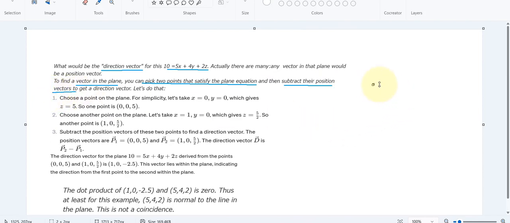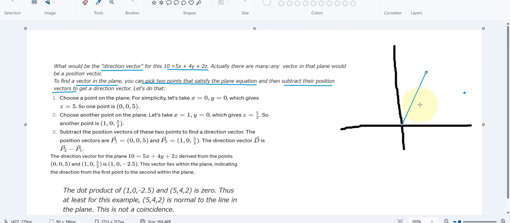We have a point here and a point here. We can construct the vectors that look like this. That's the position vector for that point, and this is the position vector for that point.